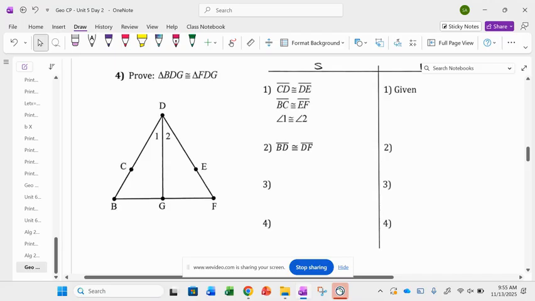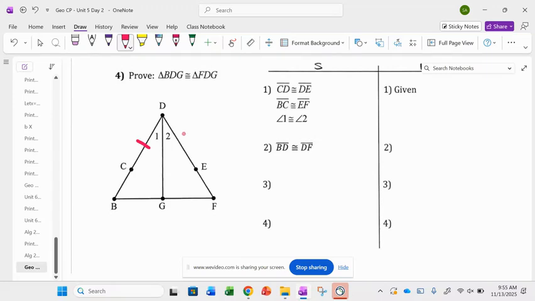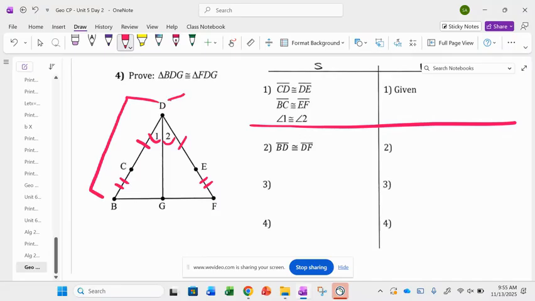So we have that segment CD is congruent to segment DE. Segment BC is congruent to segment EF. And angle 1 is congruent to angle 2. And this is nice. In step number 2, they're telling us that the whole BD is congruent to the whole DF.